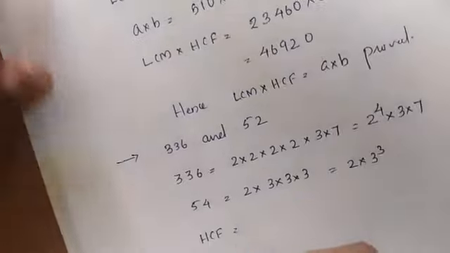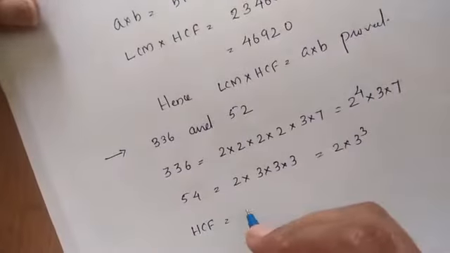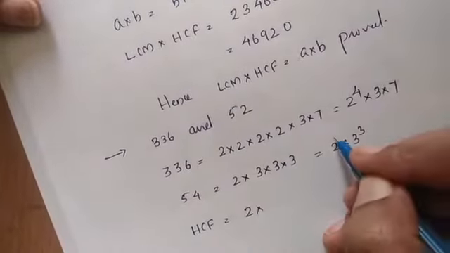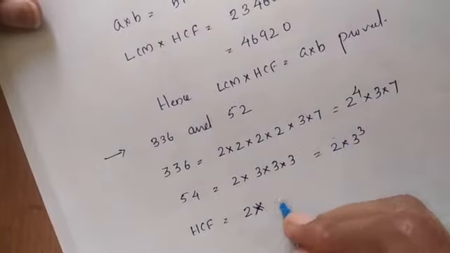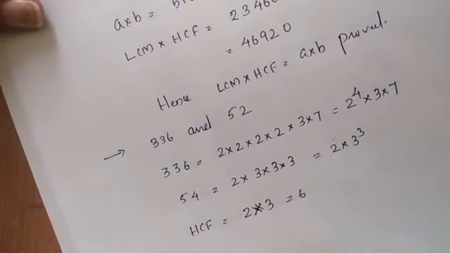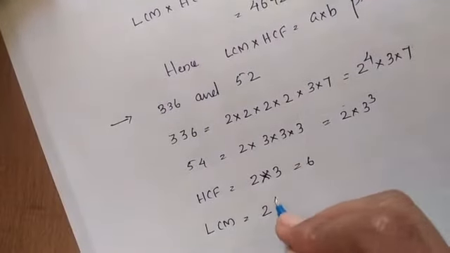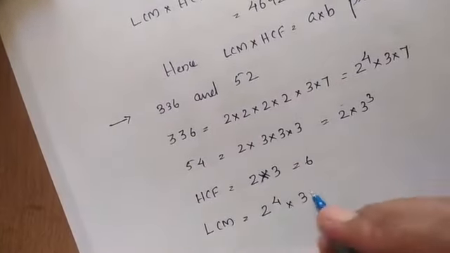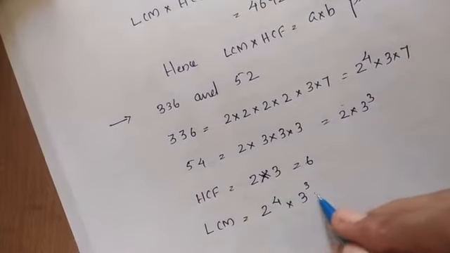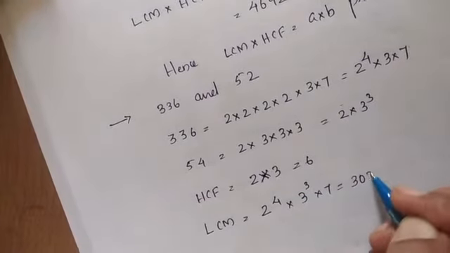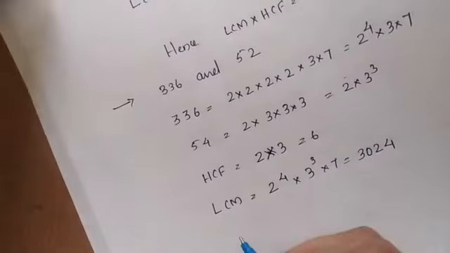Here the value of HCF is 2, the smallest power, into 3, which is equal to 6. LCM is equal to 2 raised to 4 into the largest power 3 raised to 3 into 7, which is equal to 3024.